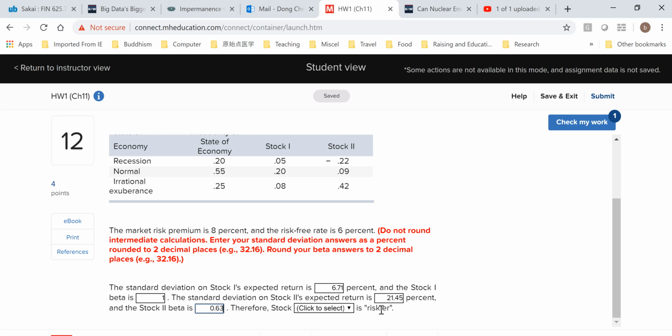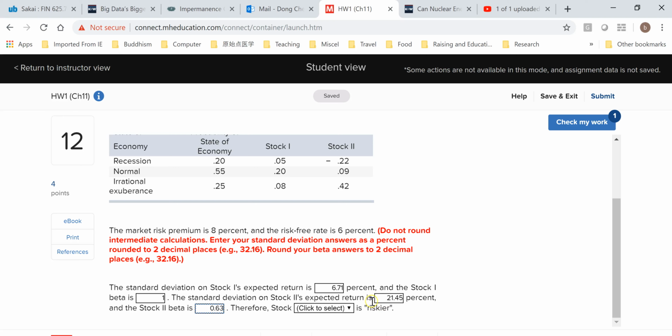So the unsystematic risk does not matter for our return. Hence, only the systematic risk matters. So if we want to compare the riskiness of different assets, we simply look at their systematic risk.